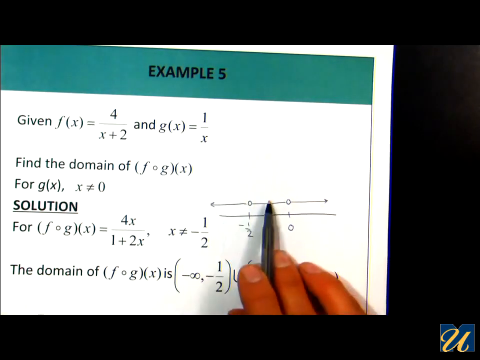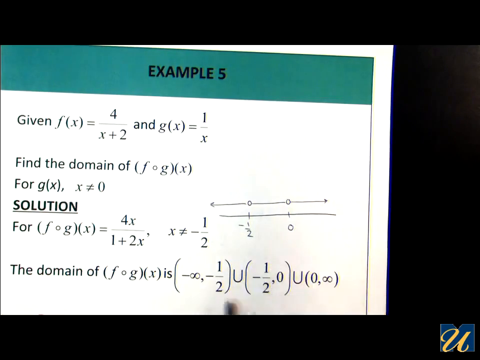So there are 1, 2, 3 intervals that must be quoted. That's why there's 3 here. Everything to the left of negative 1/2, open parenthesis, not including negative 1/2, together with everything between negative 1/2 and 0, and finally together with everything to the right of 0. And these are the allowable values of x that can be used.